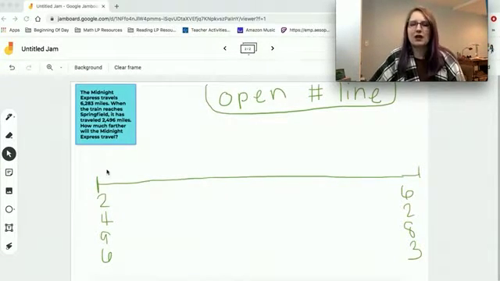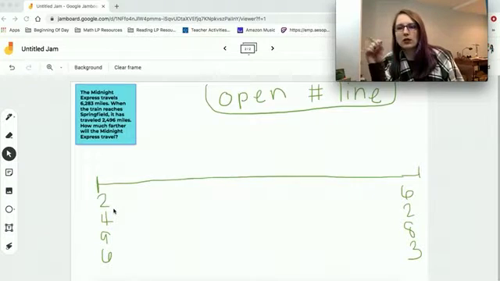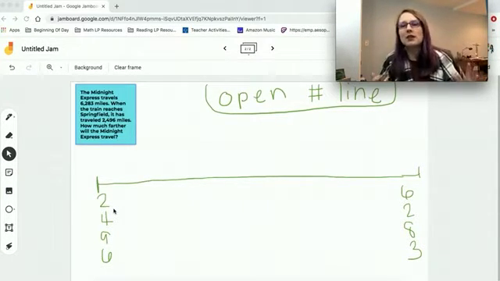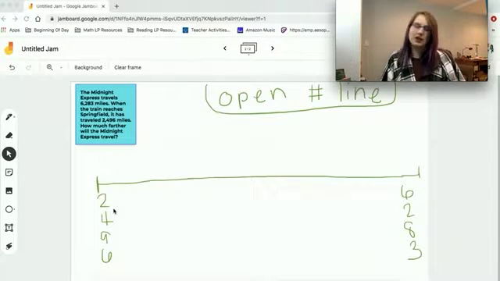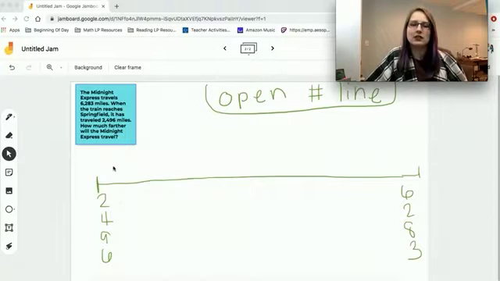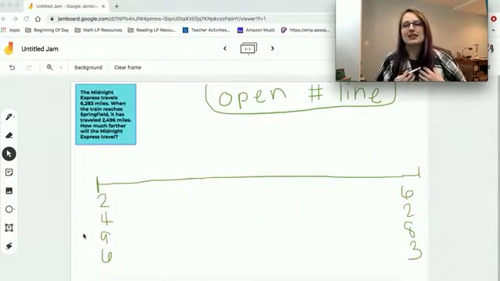I wrote them up and down this way just because I don't have a lot of room on this page, but you are more than welcome to write it normally. So to use an open number line, I am starting off with this big number, knowing that I need to subtract down here. I personally think it's a lot easier to make sure that this number turns into an even number, so it ends in zeros.